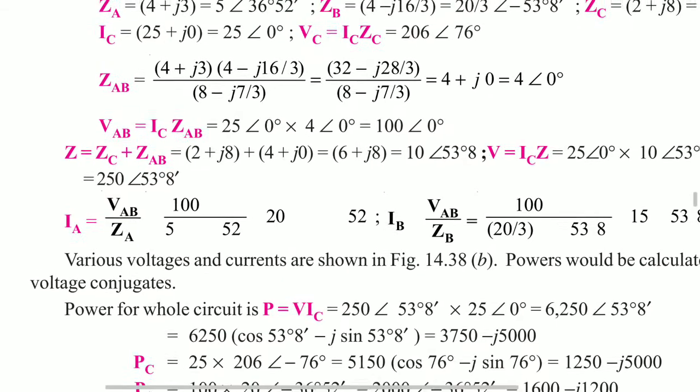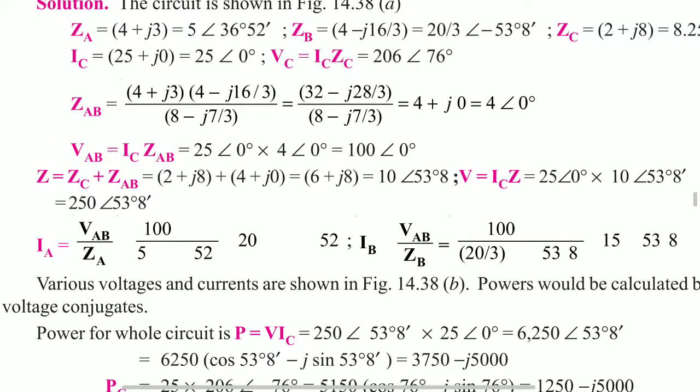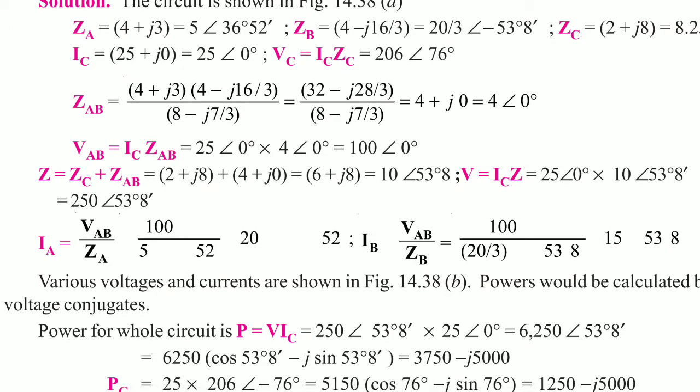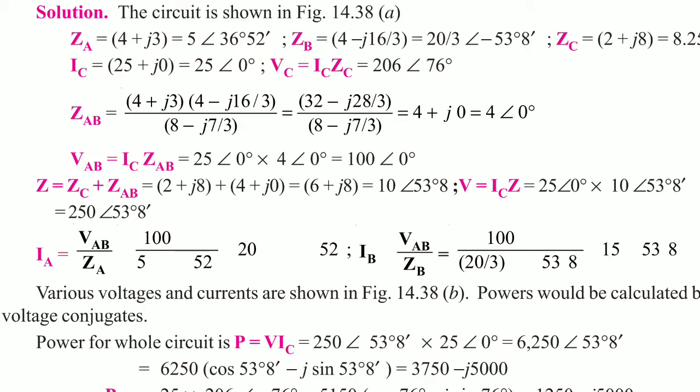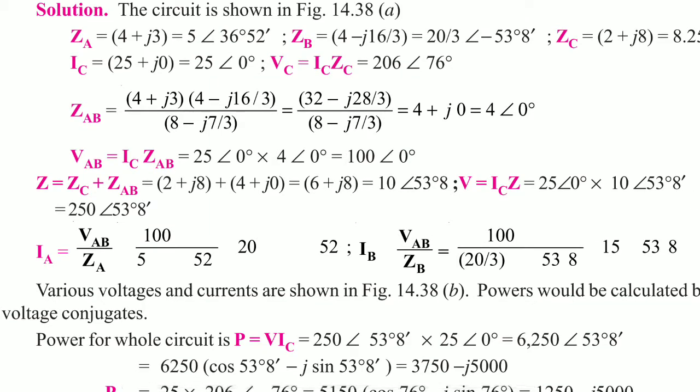Now IB is equal to, what is IB here? IB is the branch current B. So now VAB, the voltage across the AB branch, divided by the impedance in branch B. VAB is 100 angle of 0 degrees. So now what is the ZB? 20 by 3 angle of minus 53 degrees 8 minutes.